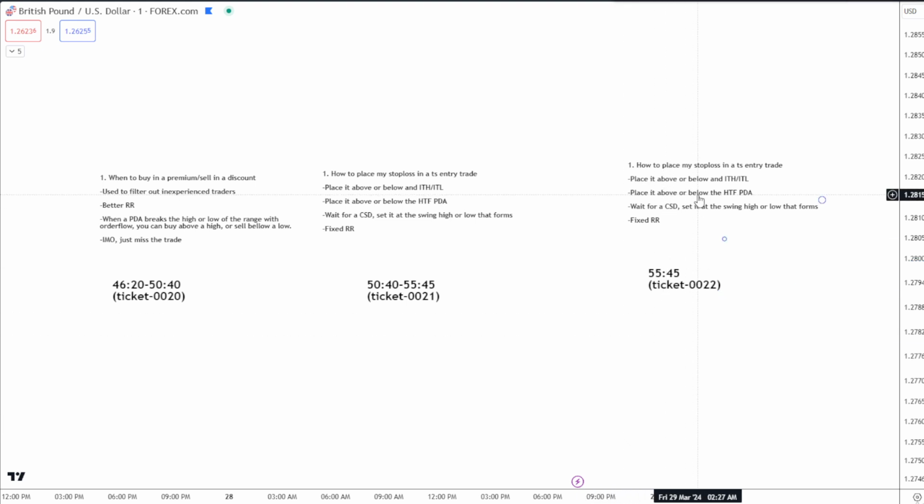So, do you always use a price-based discount or premium for the key levels for turtle soups? I don't always use price-based discounts because if you're buying below lows, we should be discounted already.